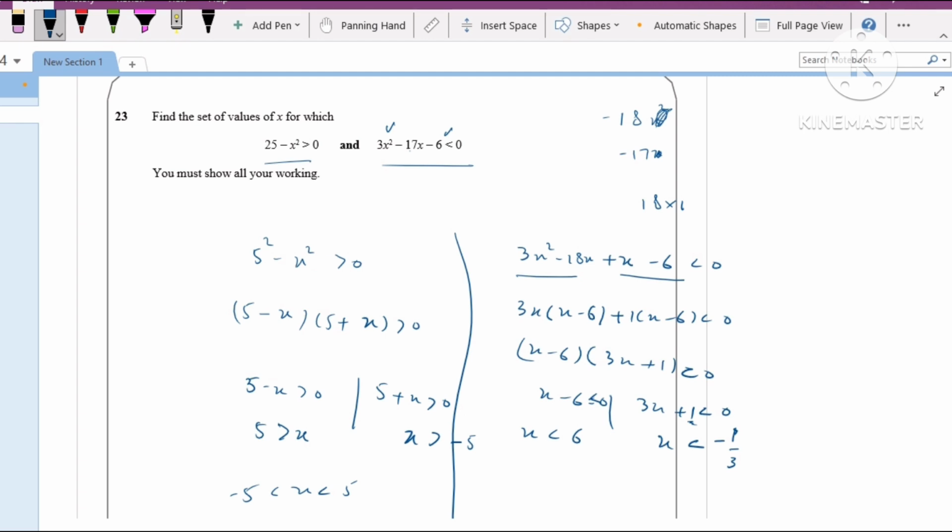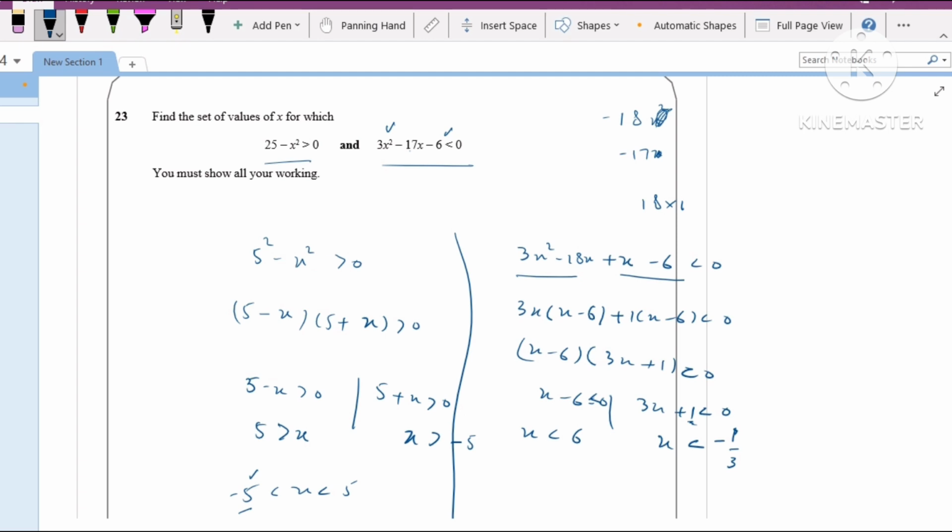So it is starting from minus 5. Basically we are going for those conditions in which both inequalities will be fulfilled. So look, if we are starting from minus 5, every number which is greater than minus 5 is not greater than minus 1 over 3.